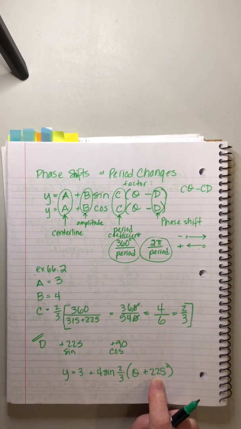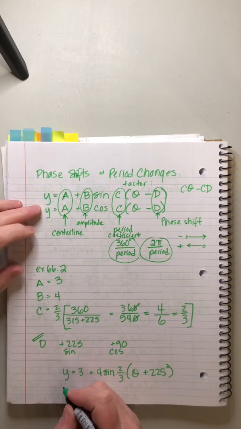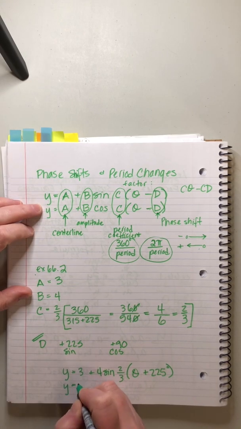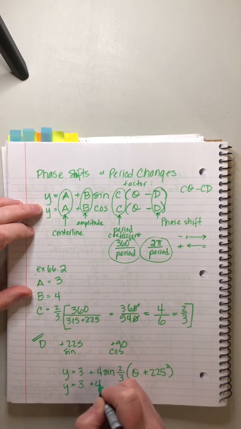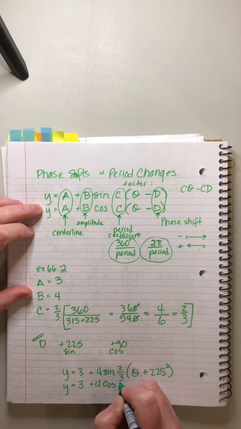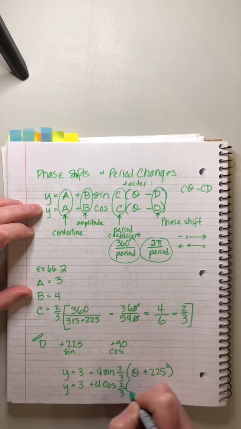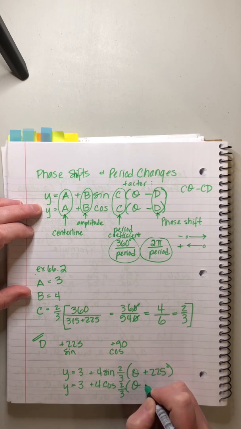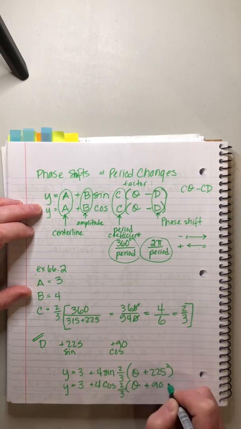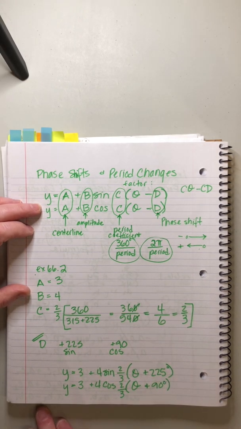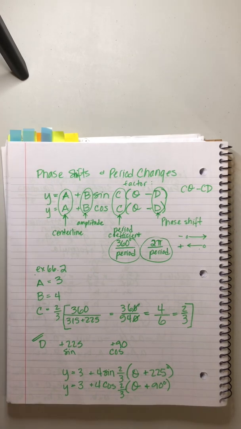Yes, that's right. Now I do the very same thing for my cosine. Same center line, same amplitude, different function, same period size, but my phase shift is different. All right, those are correct. Let me double check. Yes, plus 225, plus 90.